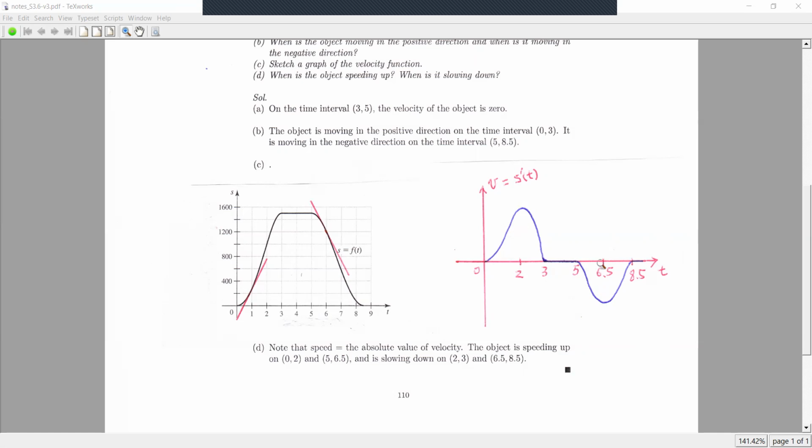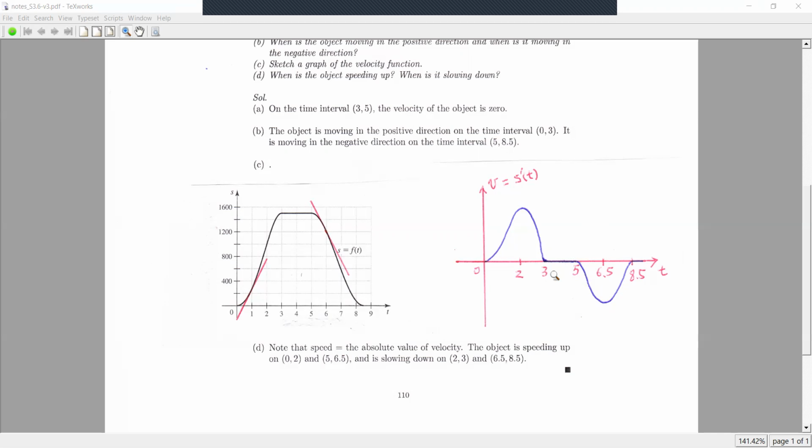From 5 to 6.5, the velocity is decreasing and is negative. Take absolute value, then we can see that this curve is increasing. So from 5 to 6.5, the object is speeding up, but is moving in the negative direction.